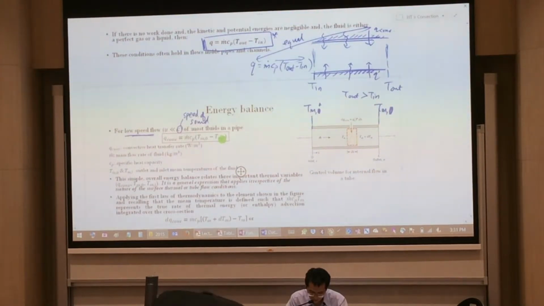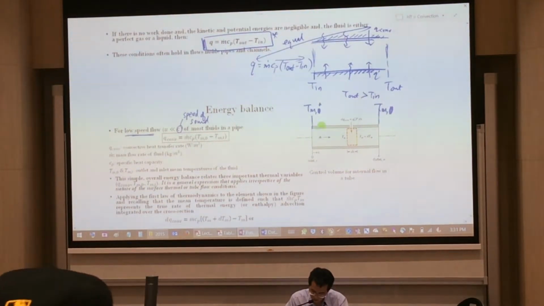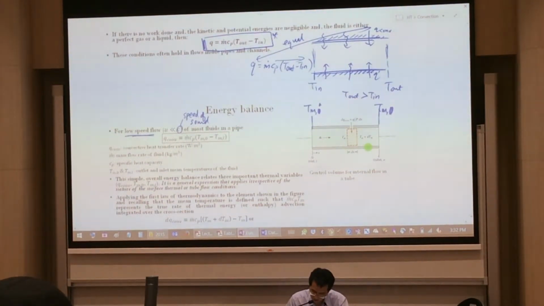Right. So over there, it's not written as a convection, right? But we know that if this wall here were to be hot, then it's actually convective heat transfer that's going to be happening as the fluid moves along.